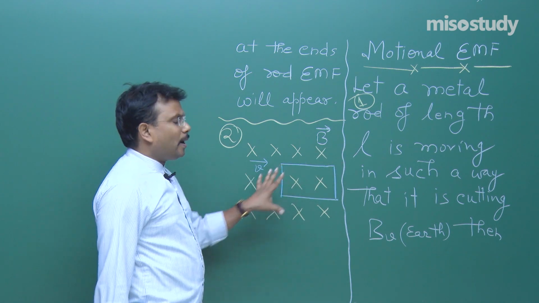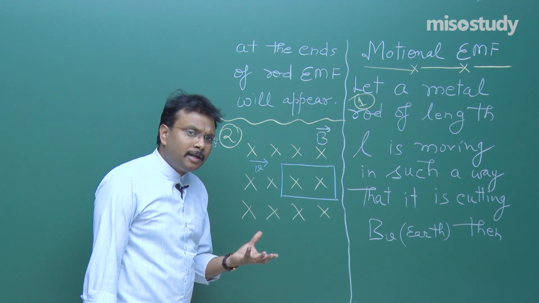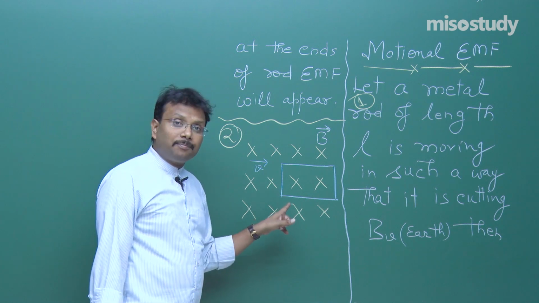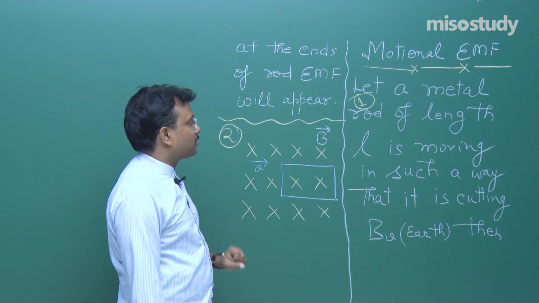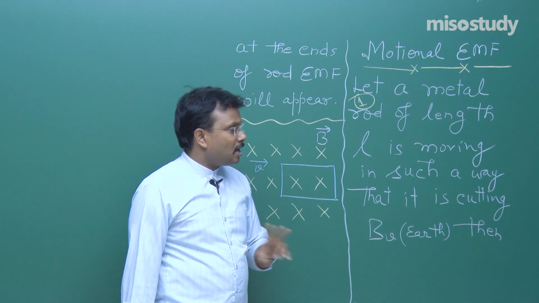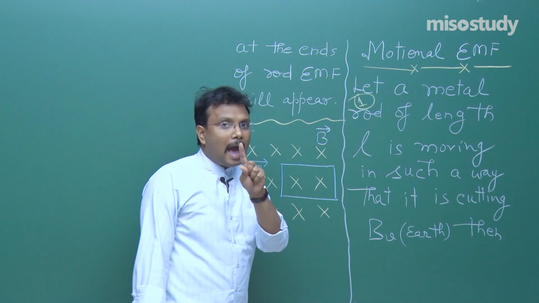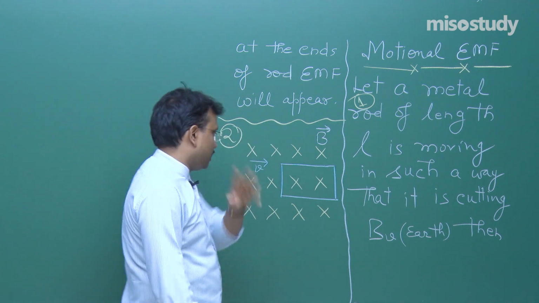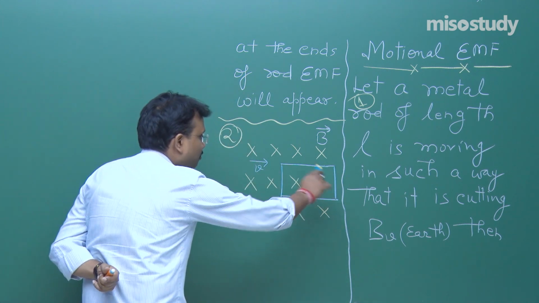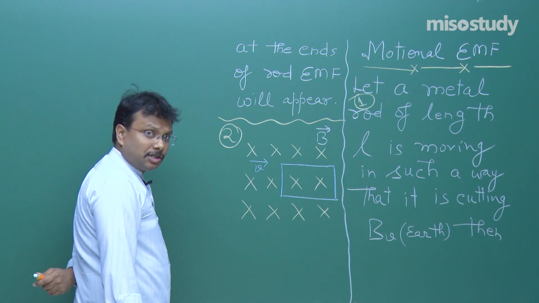Now, this coil is made up of, let us say, copper. Copper is a conducting material. So inside this copper there are free electrons. In this metal rod also there are free electrons. So two things are common in both these examples: they have free electrons. Now, when it is moving with velocity v in this direction, flux is changing.